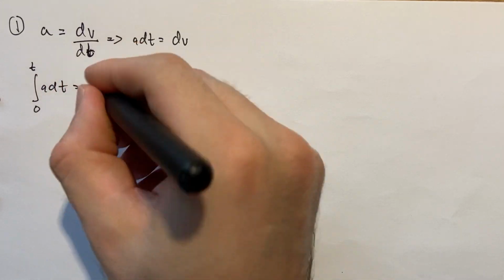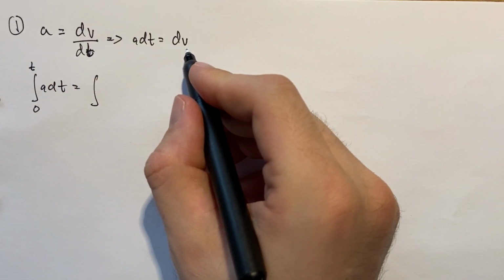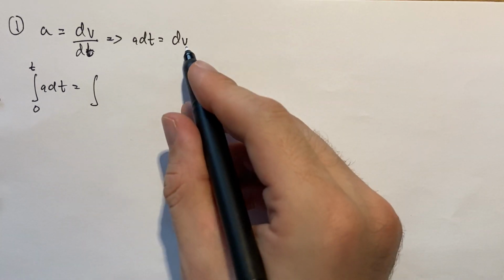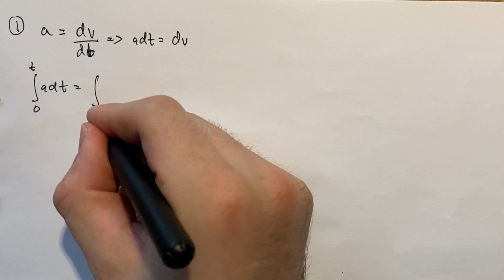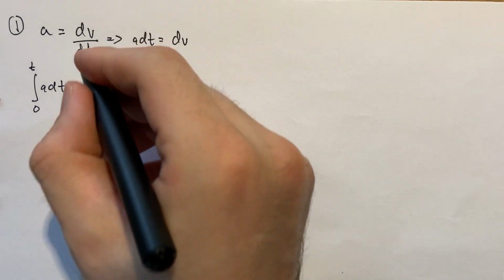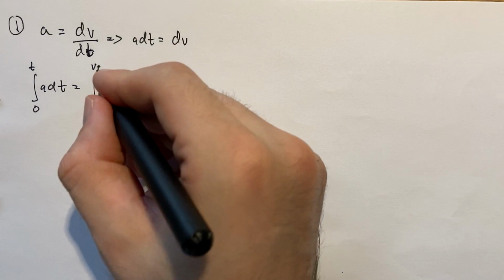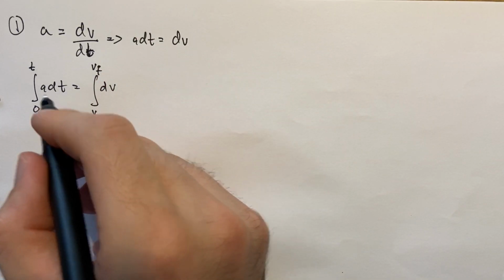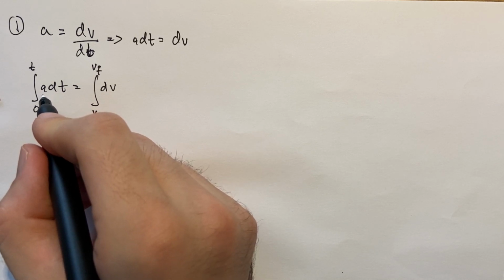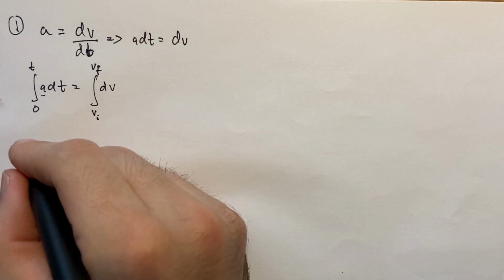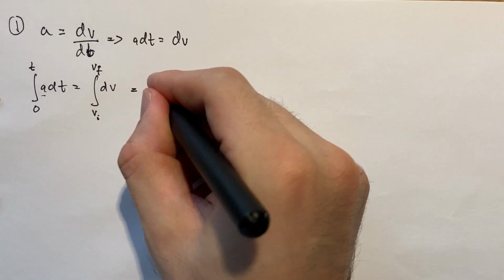A dt equals, and the limit when it comes to velocity, position, acceleration would be some initial velocity to some final velocity here, dv. And since we don't have a time term here associated with the a, this expression will just be at.